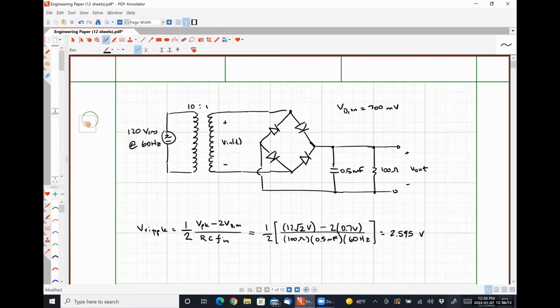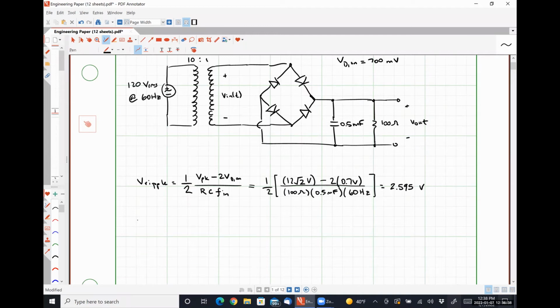So that's a pretty large ripple, right? So we would see that our output should go from, let's see. So what would be the maximum value of our output in this case? It would be 12 square root of 2 minus 2 VD on, right?